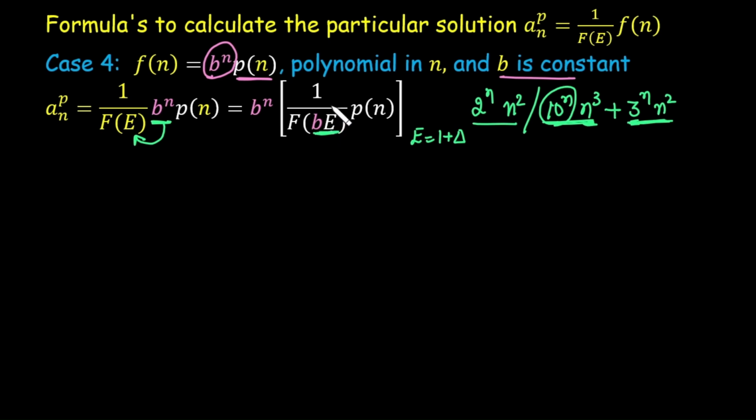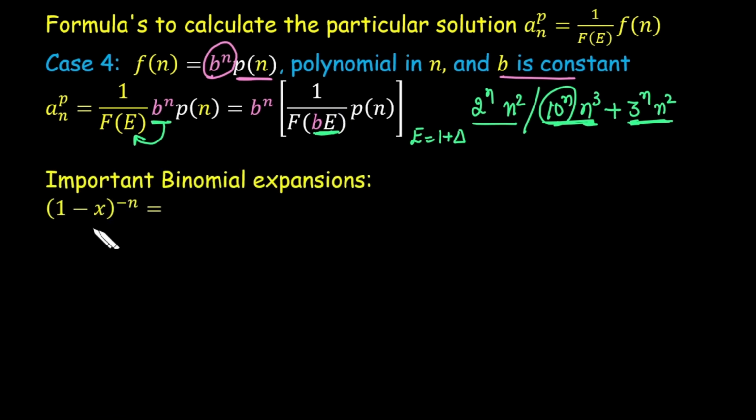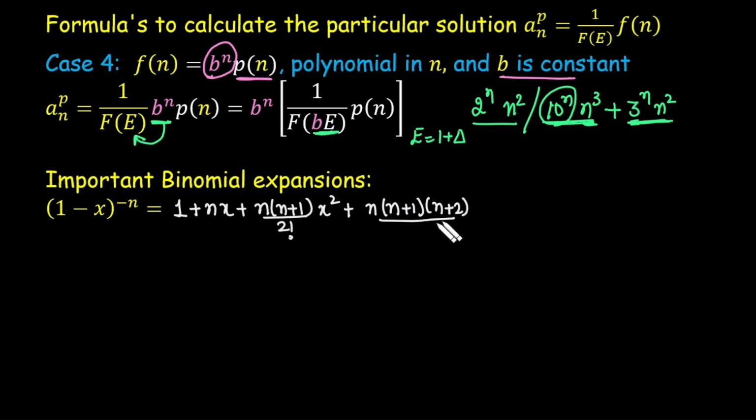Now the point is, what important binomial expansions are required in this case? The first expansion we are writing is 1 minus x raised to power minus n. This expression is equal to 1 plus n x plus n into n plus 1 by 2 factorial into x square plus, then we will take three terms, that is n, n plus 1, n plus 2, divided by 3 factorial, x raised to power 3.